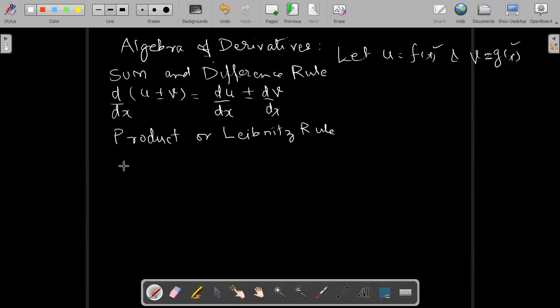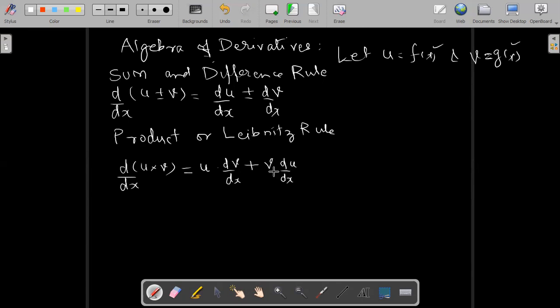So the product rule says that if you want to find the differential of the product of two functions, u into v, first you leave the first function as it is and differentiate the second function, d by dx of v, plus you leave the second function and differentiate u.